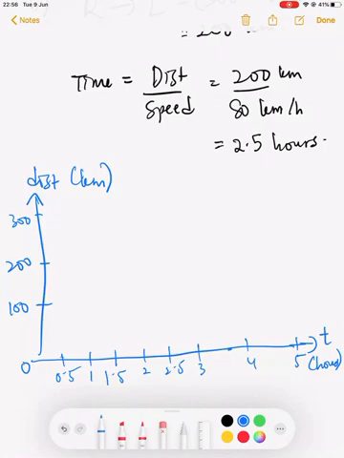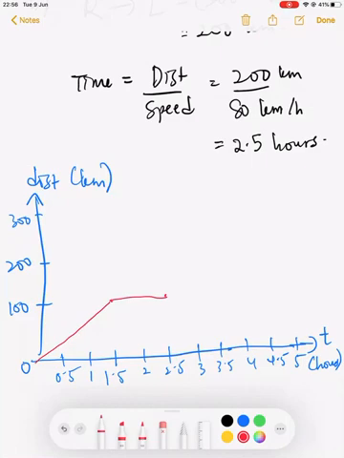Here you have the 3.5 and the 4.5. So at 1.5 hours he reached Rawang, and then he was there until 2.5 hours. So it was like this in the question.